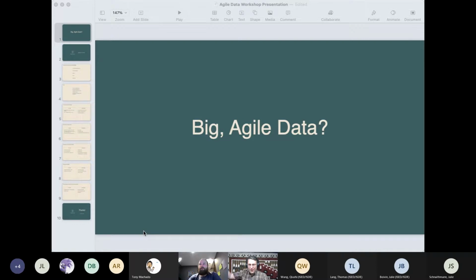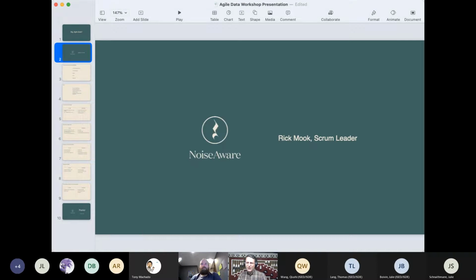So why am I sharing this with you? Well, I'm the Scrum leader at a little company called NoiseAware. They're an IoT startup that has sensors in short-term rentals and hotels all over the place. And we keep track of when things get noisy or when there's cigarette smoke or when there are other potentially damaging, disruptive things going on.